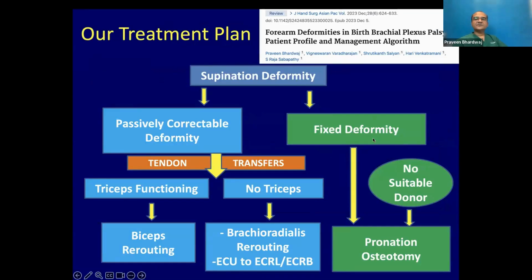If the deformity is fixed and it is not almost completely passively correctable, we straight away go for a pronation osteotomy. If it is passively correctable, then the option is to do a biceps rerouting or brachioradialis or ECU transfer. If the triceps is functional, we do biceps rerouting. However, if triceps is weak, we do a brachioradialis rerouting or ECU to ECRL transfer. This is the general plan which we follow.